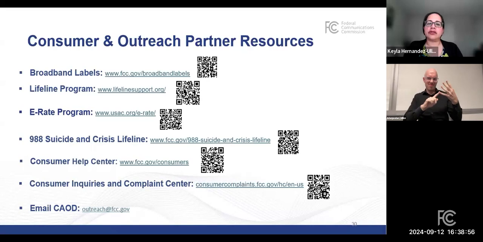The FCC has its Consumer Help Center, where you can see more information and download materials about not only the topics we discussed today, but a lot of other consumer-facing topics that the FCC addresses. Our website is www.fcc.gov/consumers.